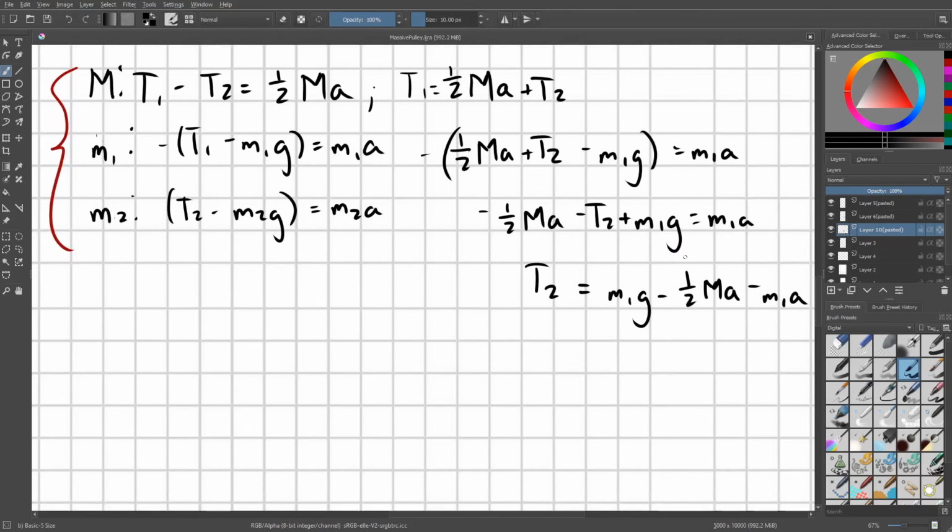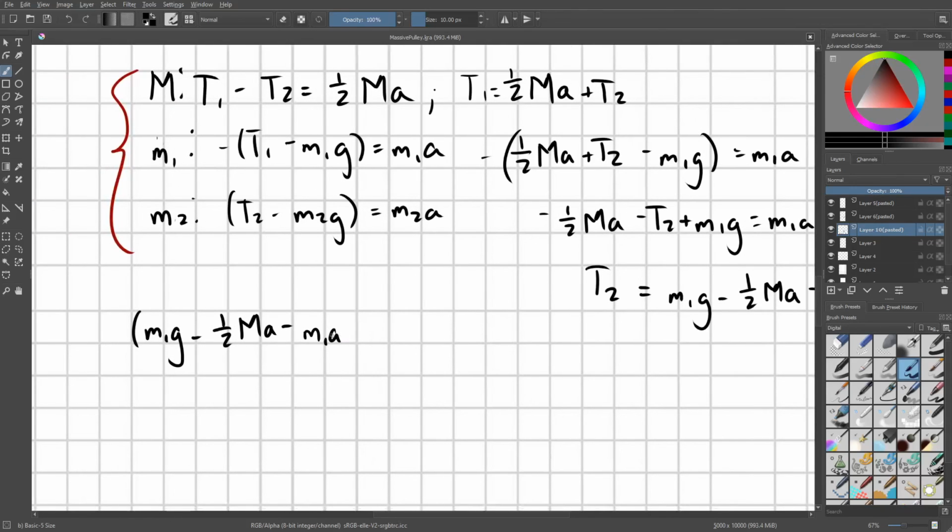Okay, I'm going to substitute this term in for this T2 right here. So we have that M1G minus 1/2 big MA minus little M1A minus then M2G equals M2A.